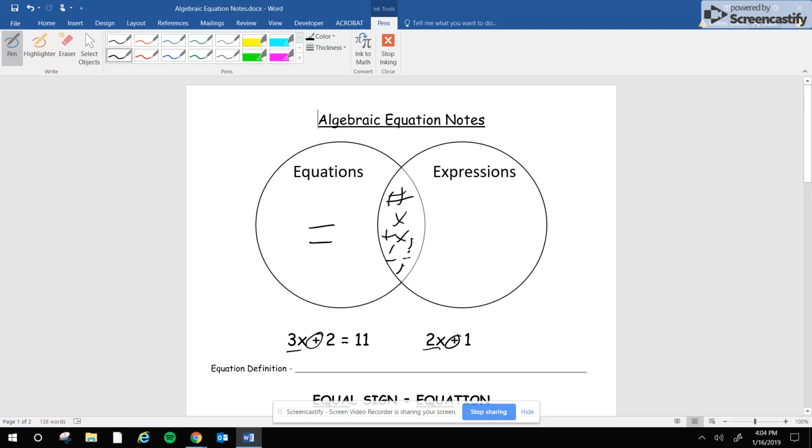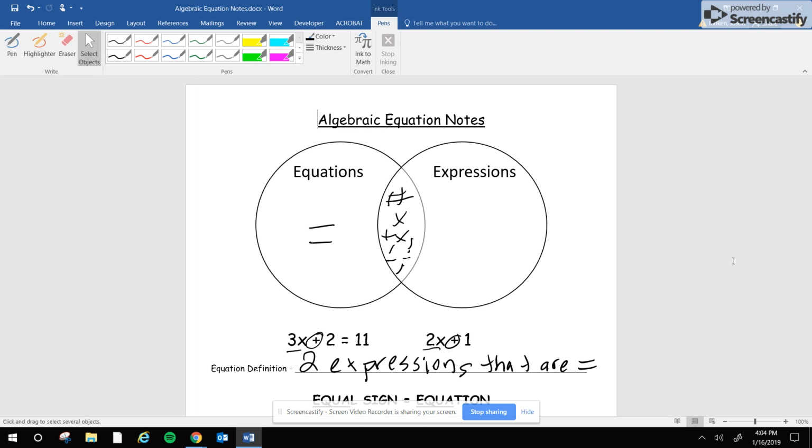So the definition of an equation is two expressions that are equal.